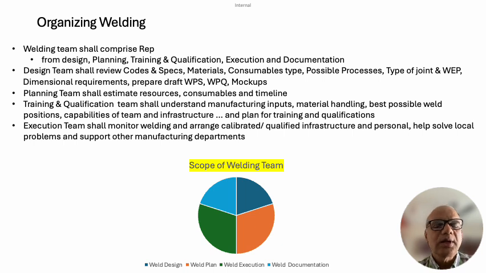Then of course there has to be a welding engineer who will be supervising the training and qualifications as explained earlier, and the last is on the shop floor, who will be executing, coordinating with NDT, coordinating with the various other shops to ensure that his output is the right input for the subsequent departments.